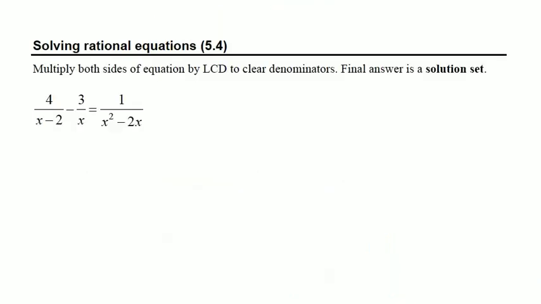We can compare this now to the process that we follow for an equation. Again, I start by finding the LCD, and again I want all of my denominators factored in order to do that. We've already factored this denominator as x times x minus 2. But this time, instead of building these up to have a common denominator, I'm just going to multiply that LCD by both sides of the equation and eliminate all of the denominators.